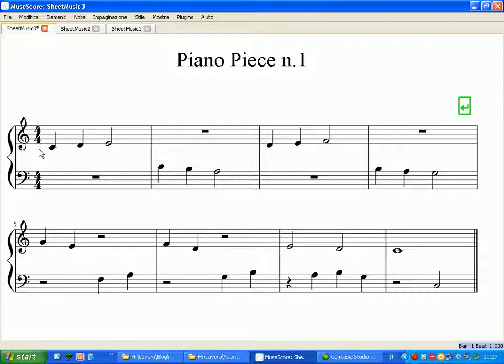So what does this mean? This means that 1/4 is the unit of measurement of every beat, so each beat lasts 1/4 of a bar. But of course, it also means another thing.